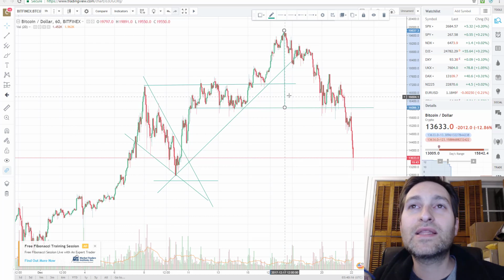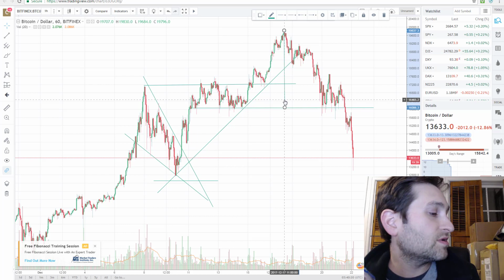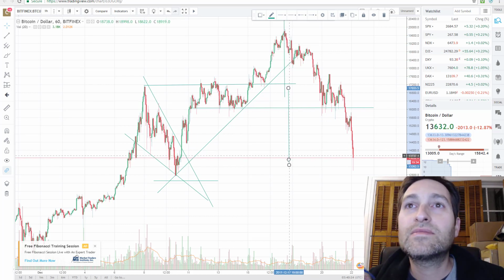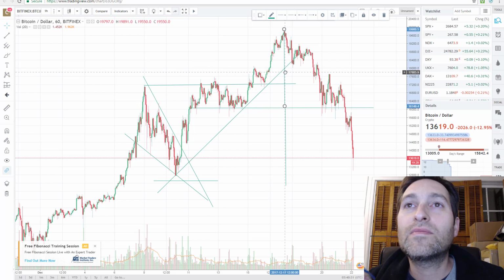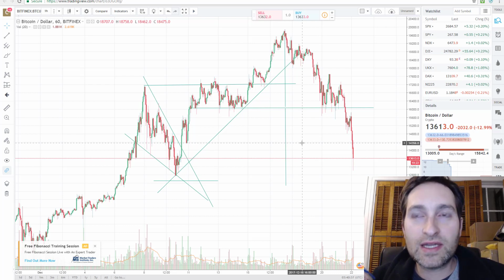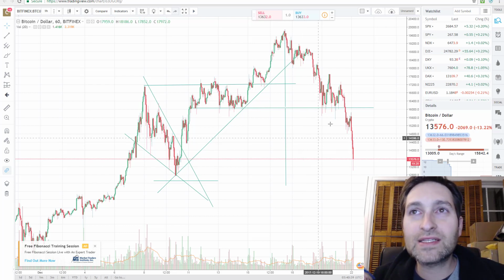Now you take this line again, and you take the same length line and you put it here. Why did this move? There it is. Okay. So this gives you an excellent indication of where this sell-off is going to stop.